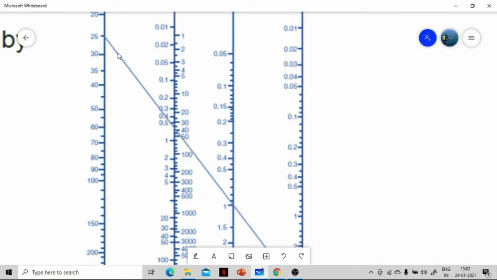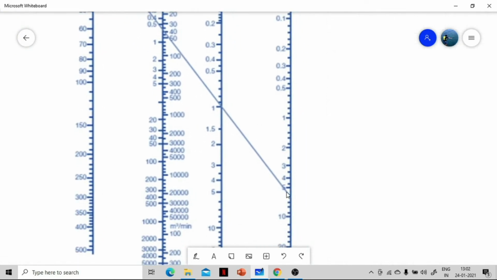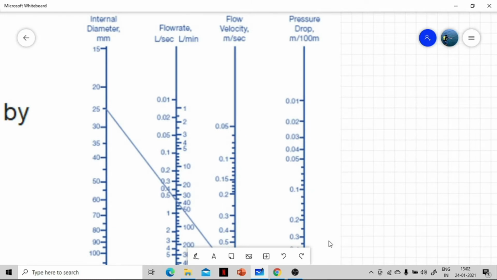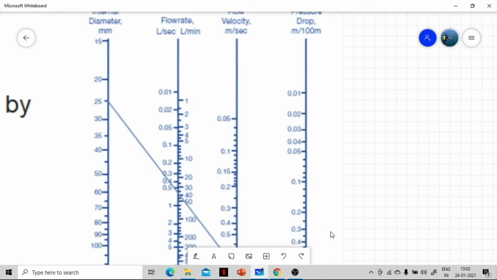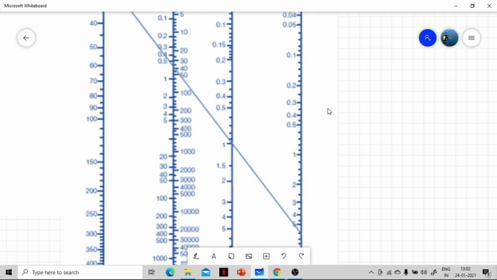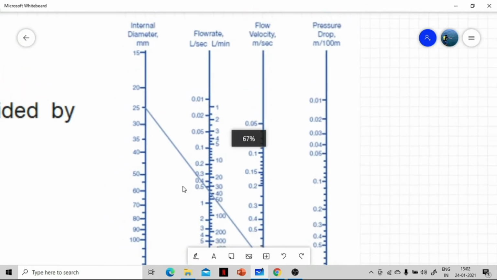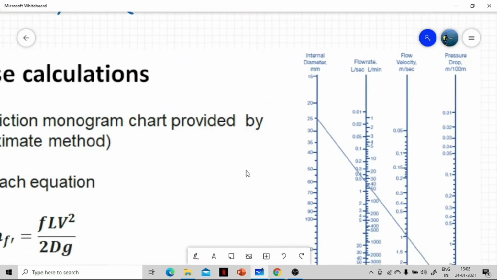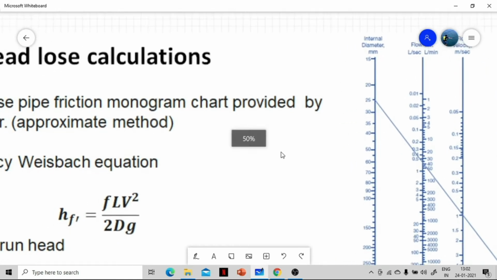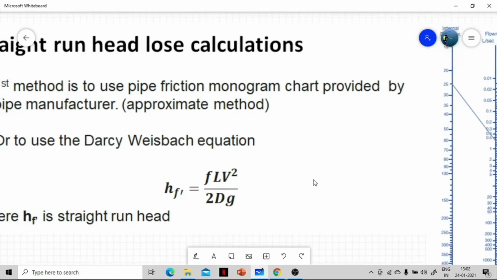The line that matches all these three points will cross the fourth line, which is the head loss in meters per 100 meters of pipe. In this way you are able to calculate straight run head loss, but this method is again for approximate calculation.